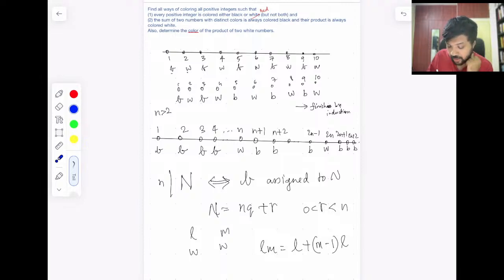M minus 1, we don't know what it is. L is white, white into... if M minus 1 is black, maybe you have to do cases. I don't see Rishan's suggestion, what to do with it.